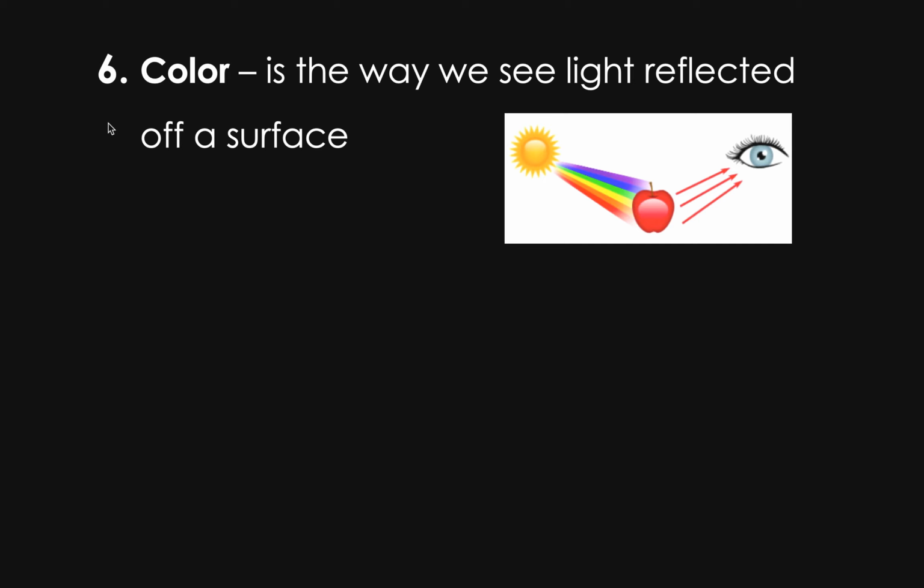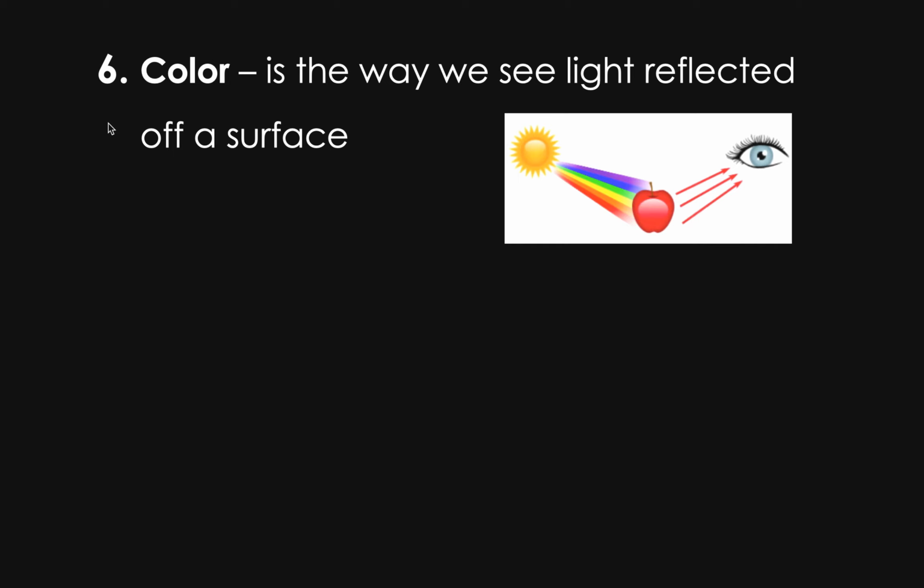What's happening is all of the light wavelengths are being absorbed into the apple except one. And that color would be red. So that wavelength is being reflected off of the apple, and that's how we see it as red. Now that doesn't mean that something that's man-made, that's how color works.